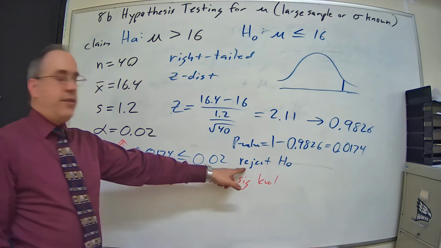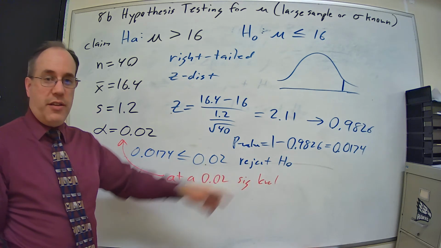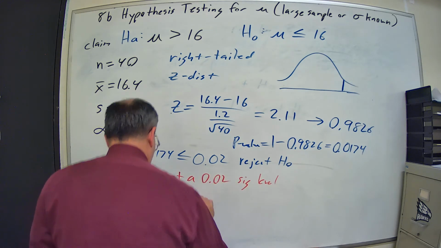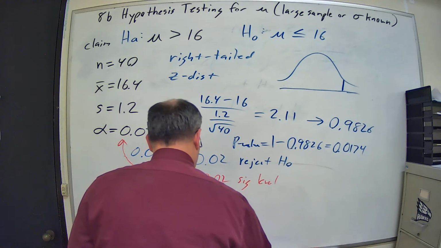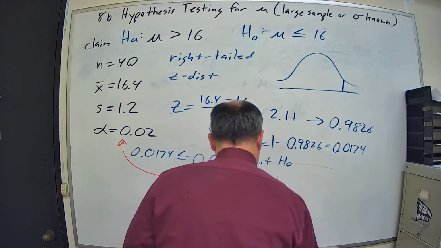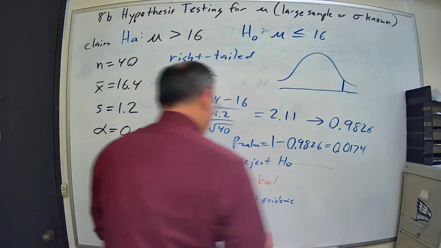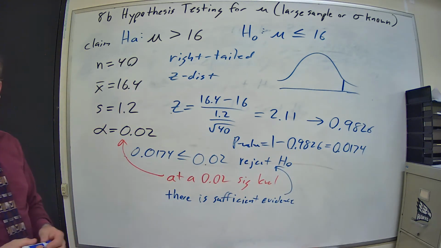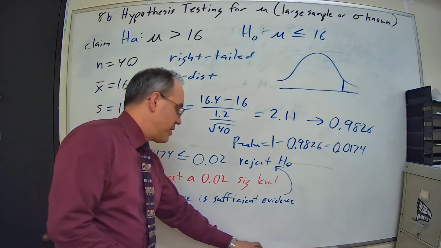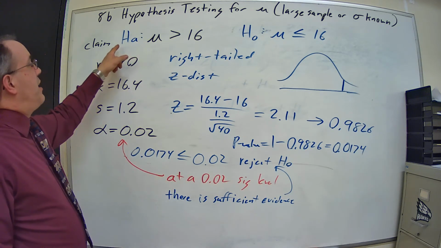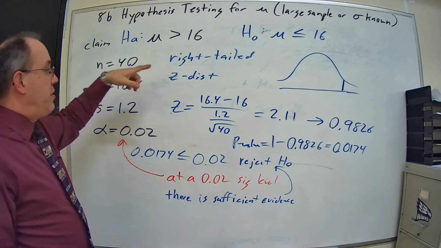We rejected the null hypothesis. There is sufficient evidence. And that came from here, the fact that we rejected the null hypothesis. And then we come back up to here and we say, well, was the claim the null hypothesis or the alternative hypothesis?